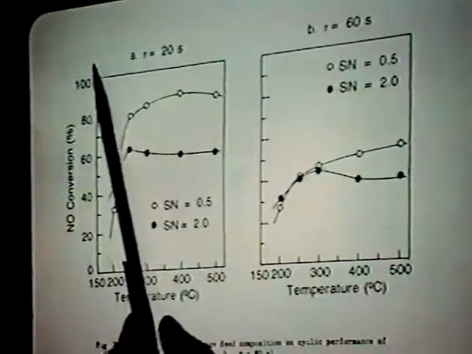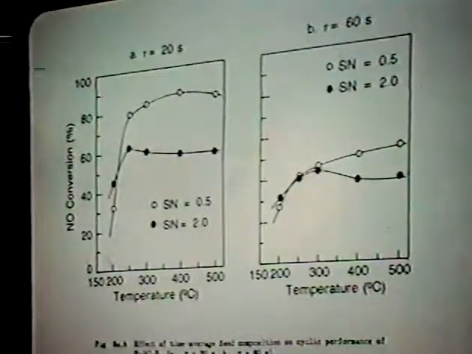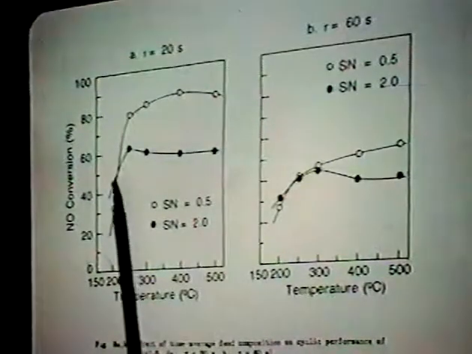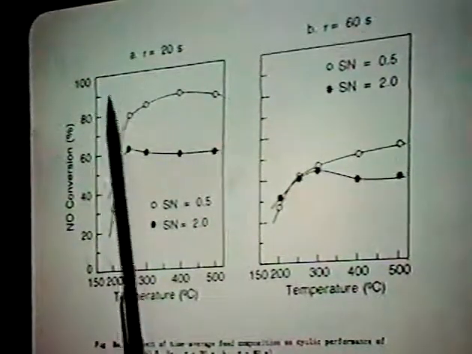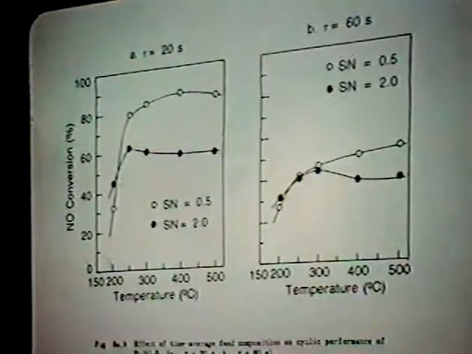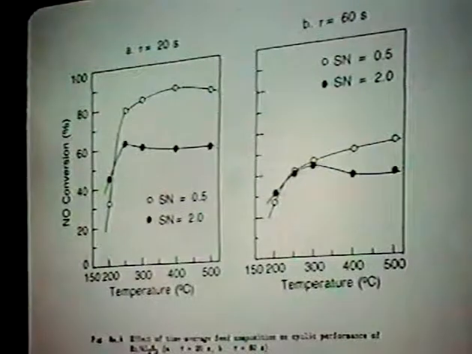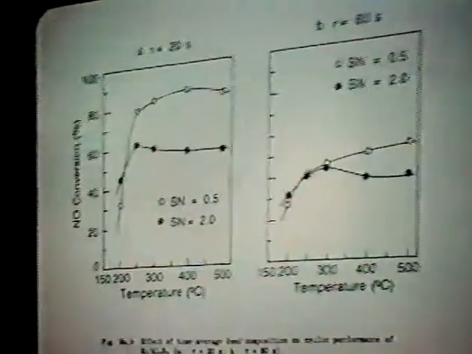However, below the reaction light-off temperature, increasing carbon monoxide concentration impairs the catalyst performance. And this implies that above the reaction light-off temperature, the rate controlling step is the rate of oxygen scavenging by carbon monoxide from the catalyst, while below the reaction light-off temperature, the rate of oxygen production by nitric oxide is rate controlling.